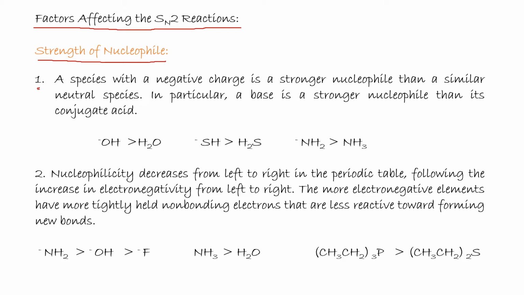First point is, a species with negative charge is a stronger nucleophile than similar neutral species. In particular, a base is a stronger nucleophile than its conjugate acid.